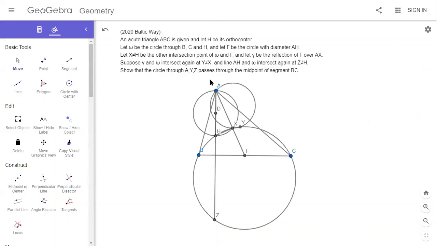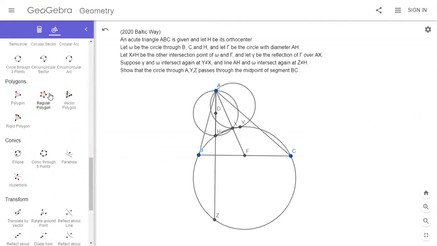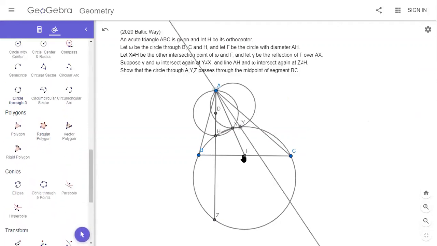We want to show the circle through A, Y, and Z passes through F. So we want to show AFYZ is cyclic. Let's see. It's kind of interesting.